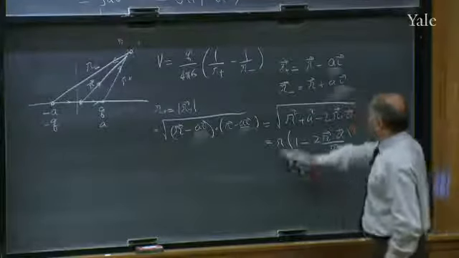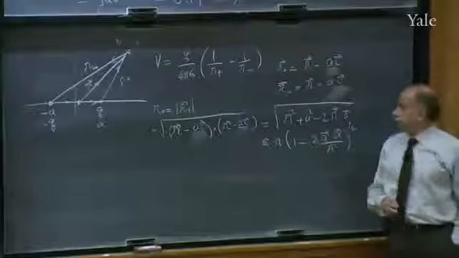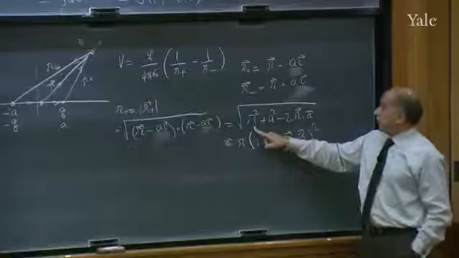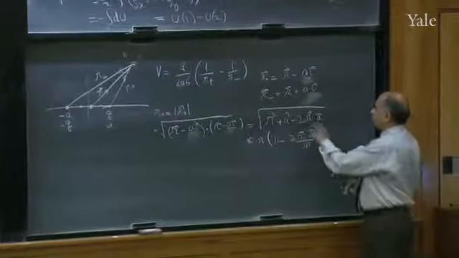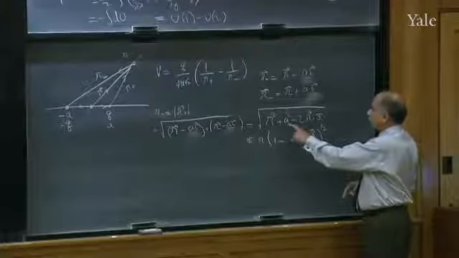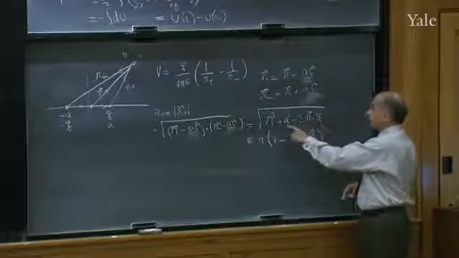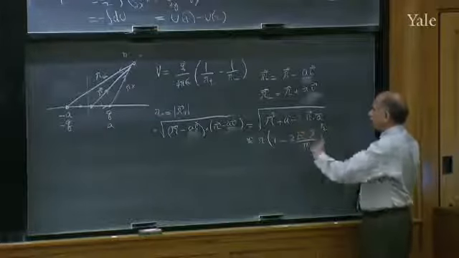I'll tell you what I did here. I'm going to neglect A square compared to R square because R is much bigger than it. But I'm going to keep this R dot A term because this has got 1 power of A and 1 power of R, and A is a small number. So it's much stronger than this term, so I keep that. So I've forgotten the A squared term.